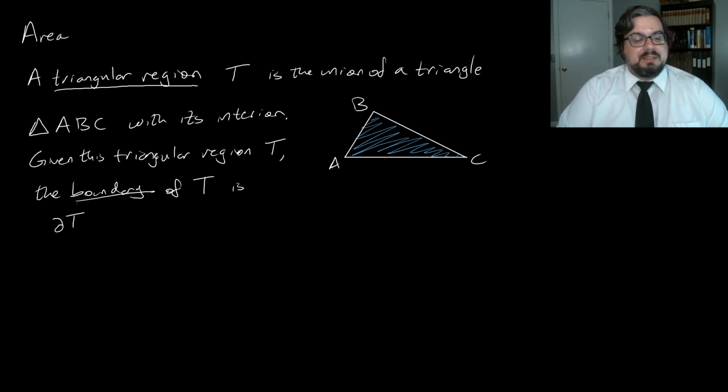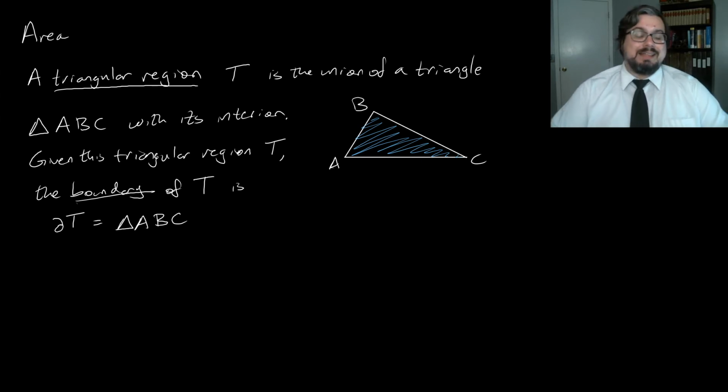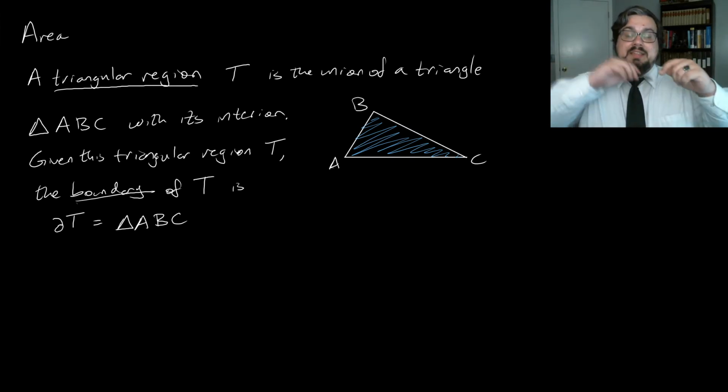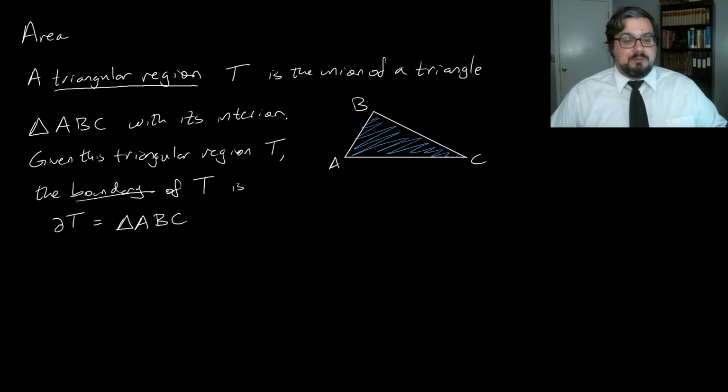So this is a cursive lowercase delta, basically, and it's used in many disciplines for the boundary of an object or whatever. And it is the triangle ABC, so the region, but only the outside border of the region. This is what we call a triangular region.